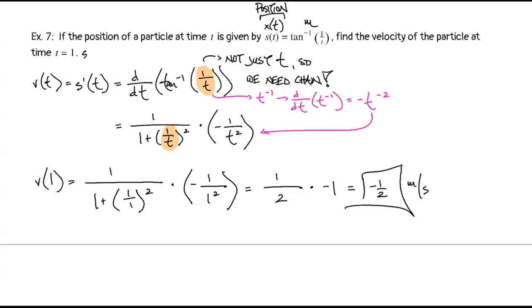What if I wrote this and I said meters per second squared? What would I actually be telling you my answer means? Yeah, I would be telling you my answer is acceleration, right? So we want to make sure we have the appropriate units. So for velocity, we want to say meters per second.